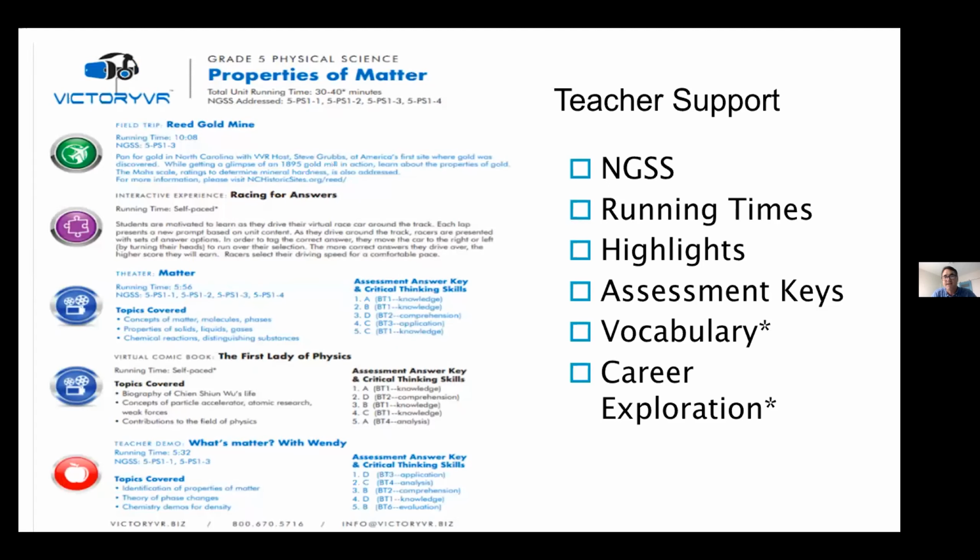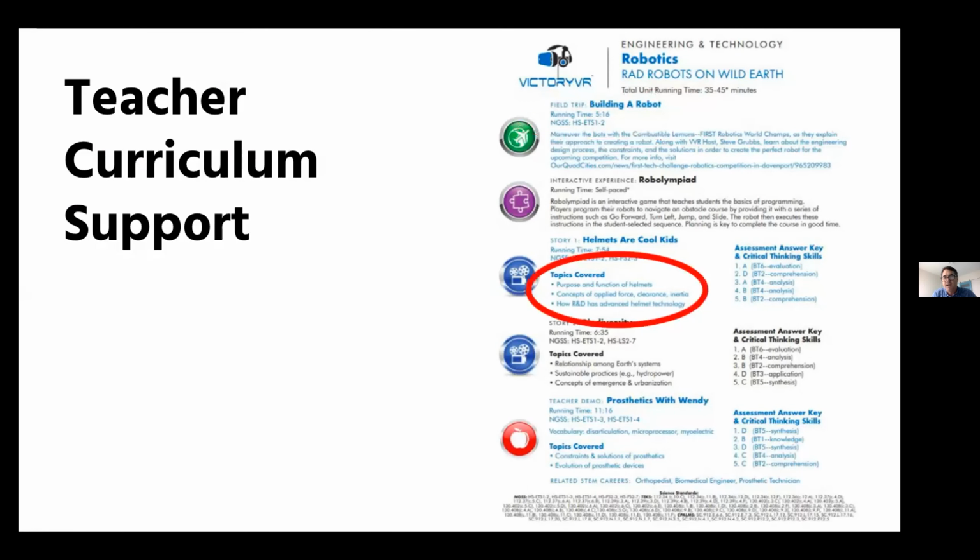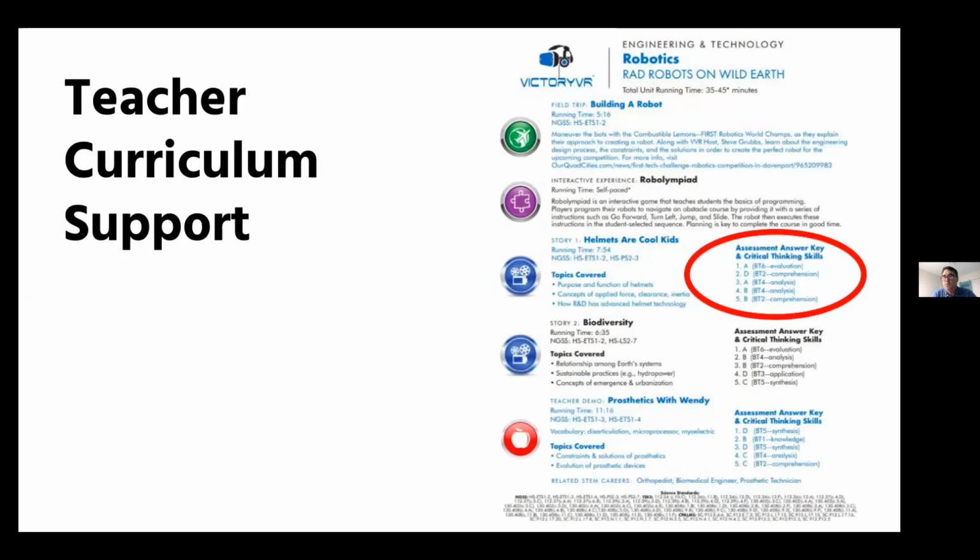Each piece of content in the Vive bundle comes with a 1-page teacher support sheet, and it covers everything that a person needs to know. What's the content in there? What are the topics that are covered? What are the answers to the quizzes and assessments within that content? What are the vocabulary words?